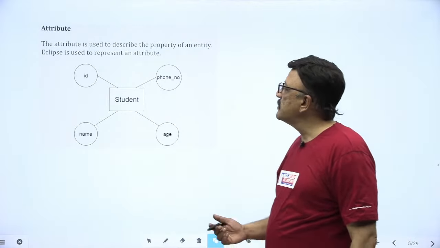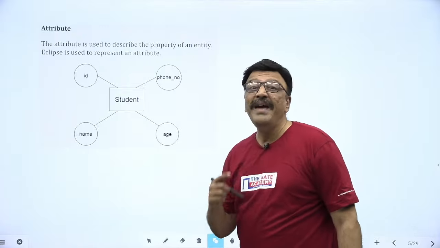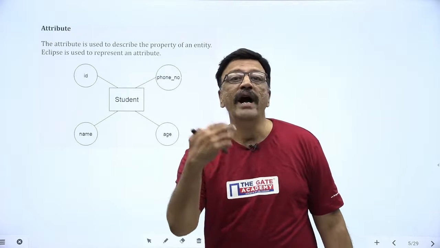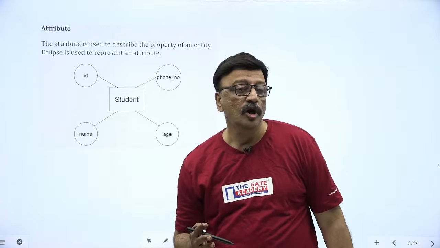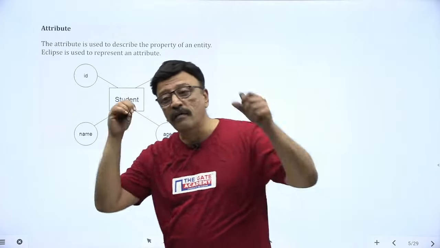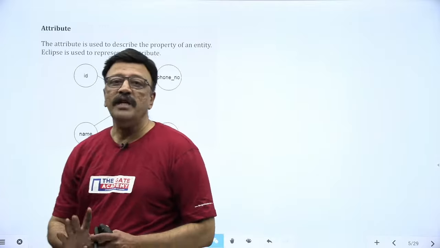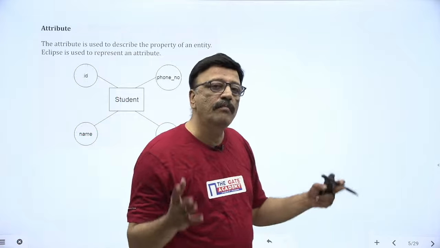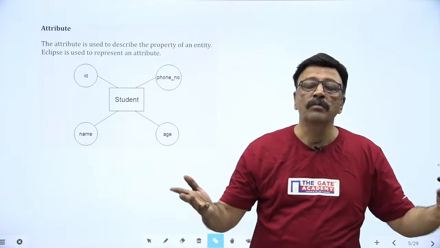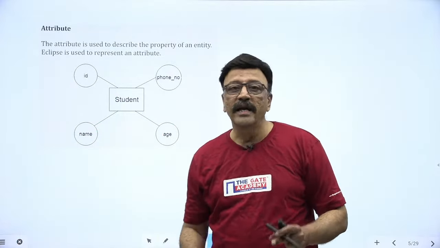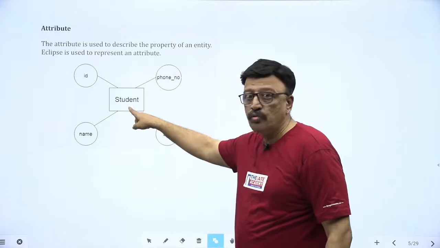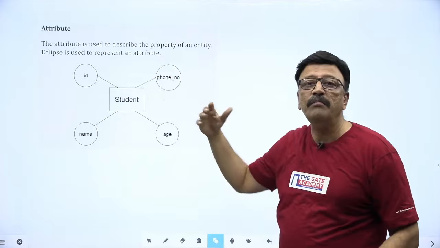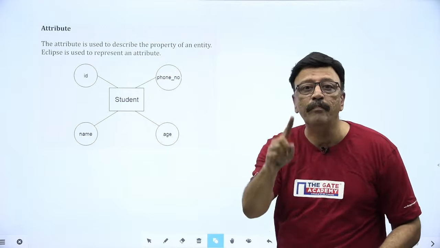In that case, phone number may be a multi-valued attribute. No, every student need not always have multiple phone numbers. We are saying that if there are many students, then some student may have multiple phone numbers. So there can be many phone numbers for a particular student.